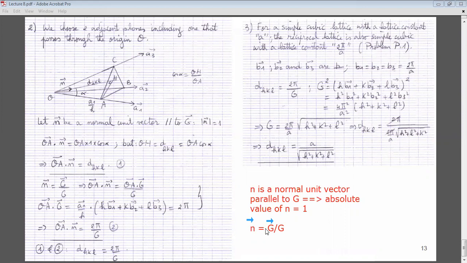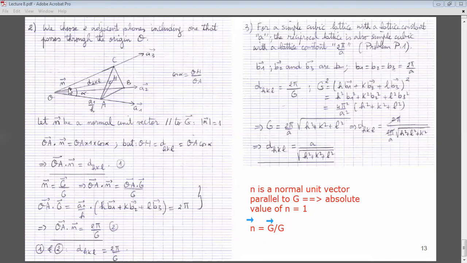So let n be a normal unit vector parallel to G, so the absolute value of n is equal to 1. I have OA dot n.